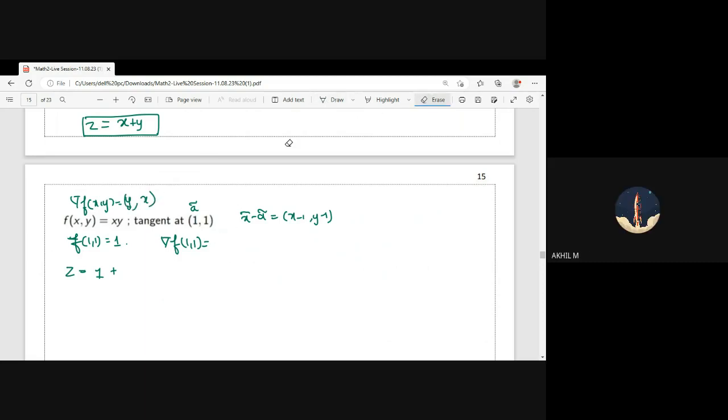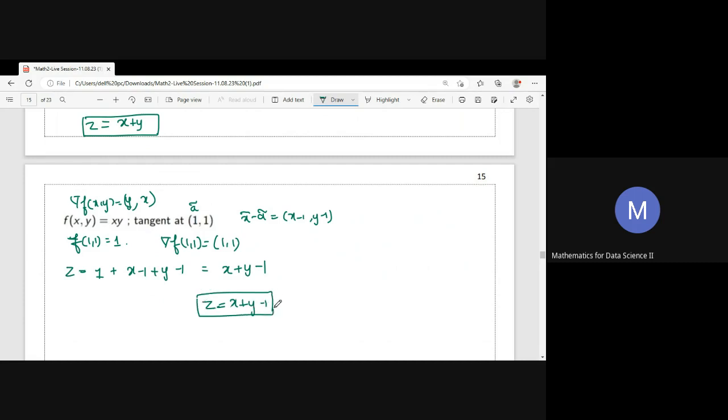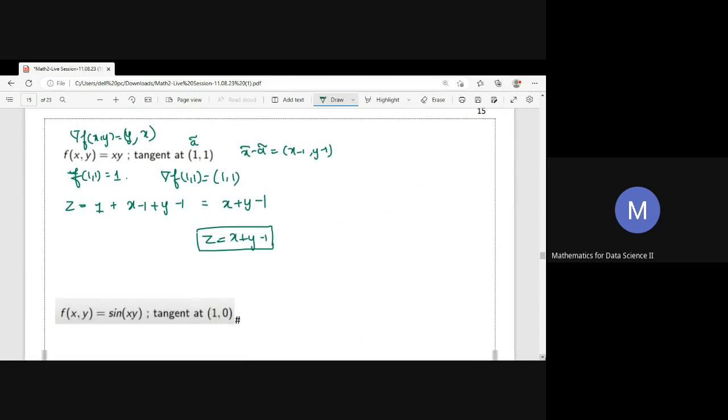Here it is 1 comma 1. The dot product is x minus 1 plus y minus 1, so x plus y minus 2. So z equal to x plus y minus 1 is the equation of the tangent plane for this example.